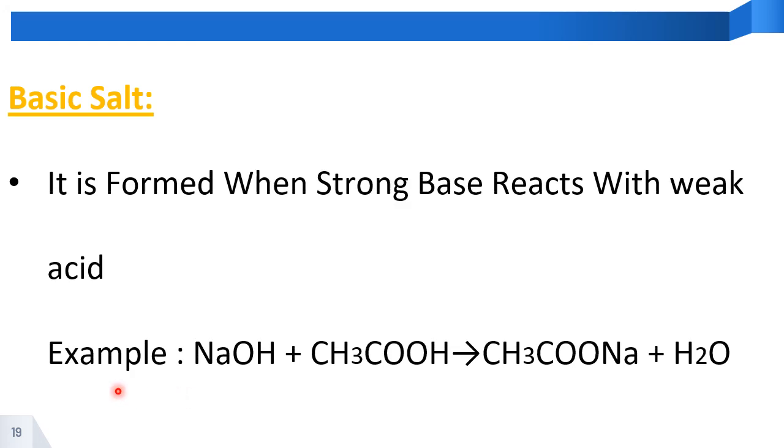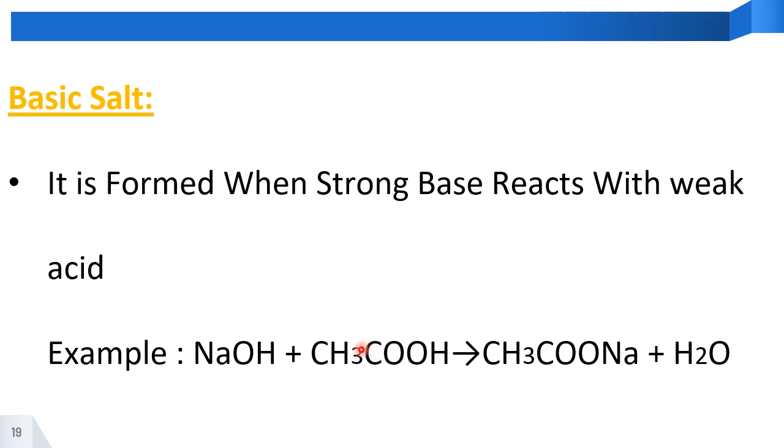Now we'll go to basic salt. It is formed when a strong base reacts with a weak acid. A weak acid example is acetic acid, popularly called what? Vinegar. About this acid we learn once again in the last chapter, the carbon compounds, in 10th class only.